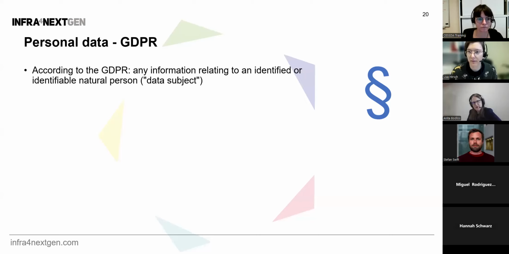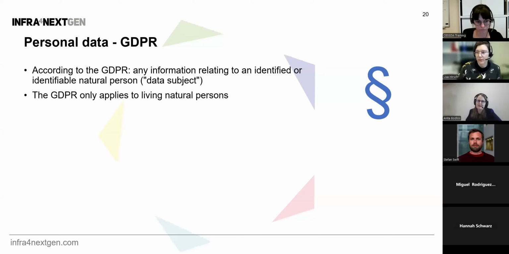Please be aware that the GDPR does not only apply if the subject is clearly identified, but also if there is a potential that this natural person is identifiable. Natural person also means a living person and not, for instance, a company.